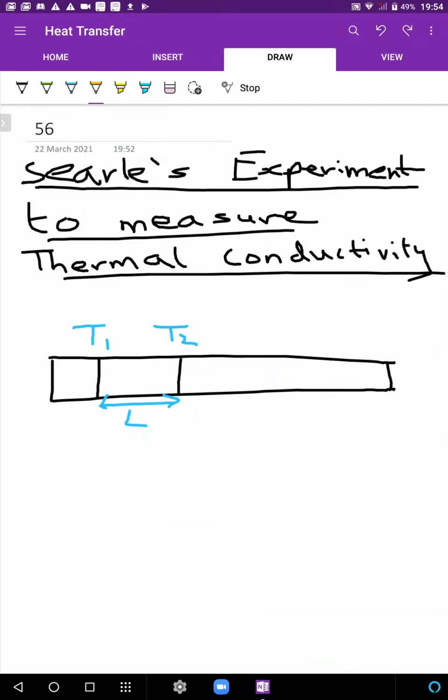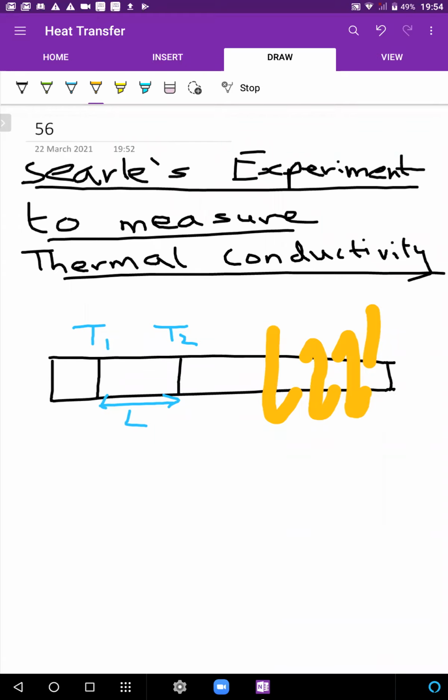Yeah. So there's a pipe which is coiled around this rod. Don't worry, you've not missed much. क्या है? There's a pipe coiled around this rod. ठीक है? This is a rod जिसका thermal conductivity हमें निकालना है.